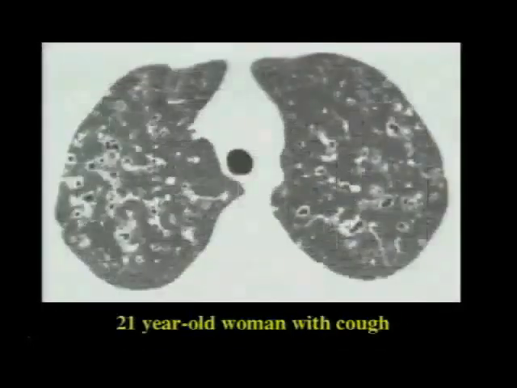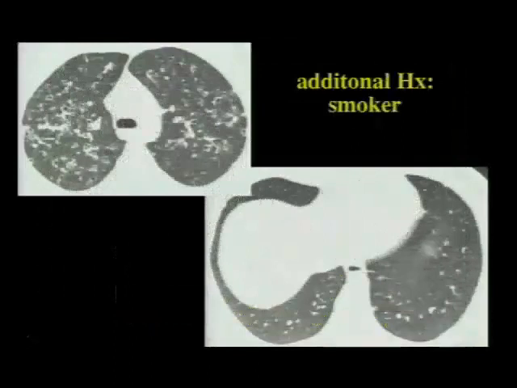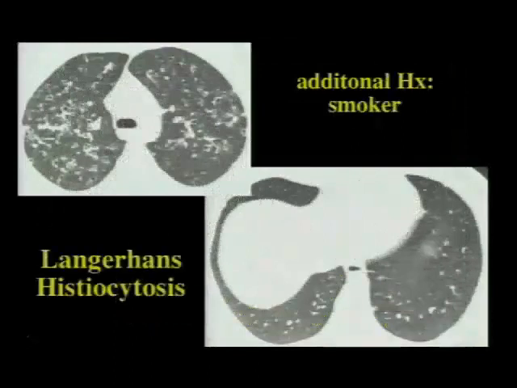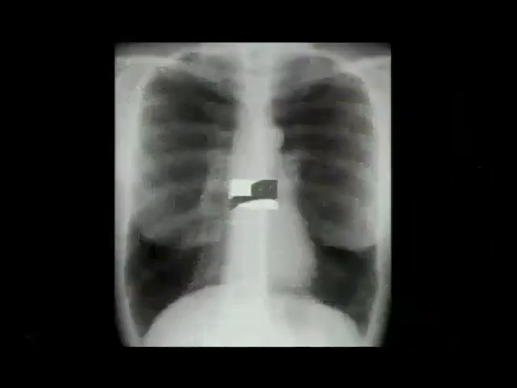This is a woman with early disease, a 21-year-old woman with cough, and we see a combination of thick-walled cysts and cavitary nodules and distinct nodules involving the upper lobes with many fewer at the lung bases. She is a smoker, and this is typical of the early stages of histiocytosis where nodules and cysts coexist.